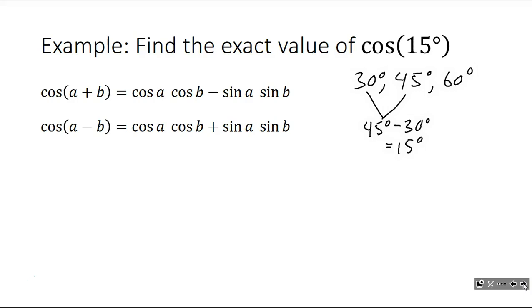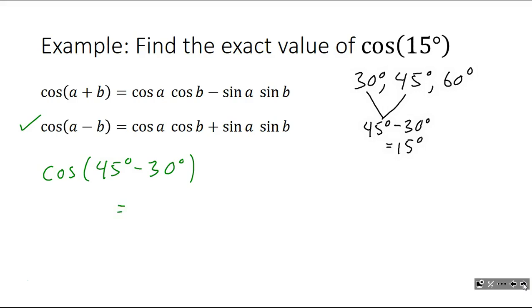So let's select the proper formula and work this example. The problem that we need to work is the cosine of 45 degrees minus 30 degrees, which of course will then give us a cosine of 15. Well, notice that's a subtraction, so it is the second of these formulas which we would select there.